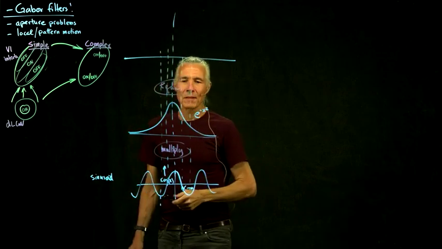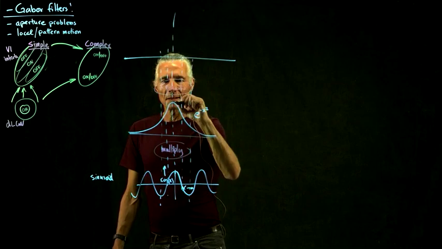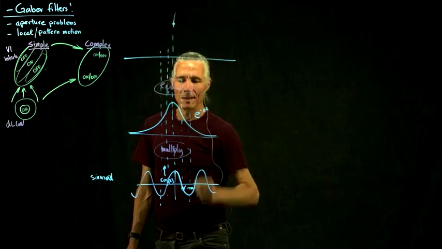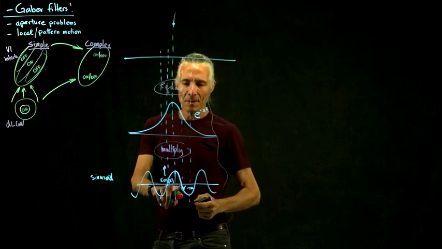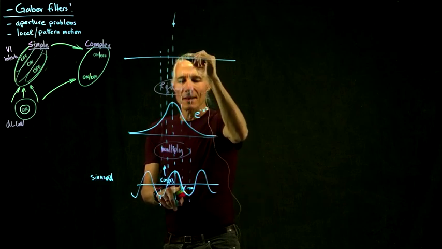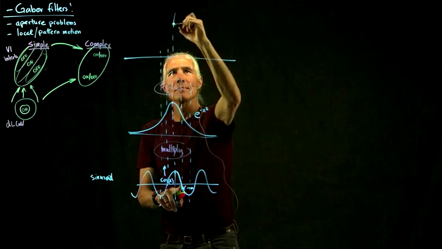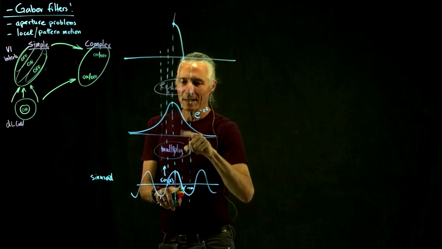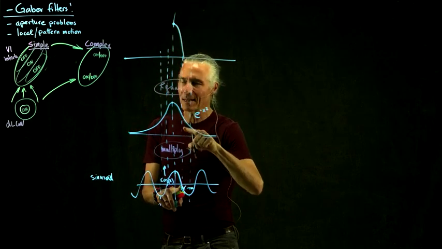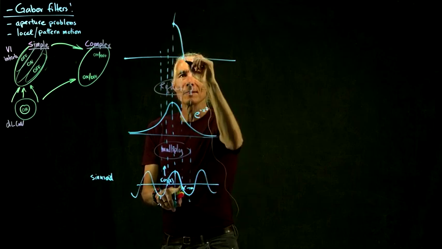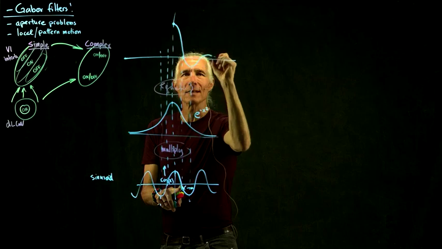Basically, let's start at 0. At 0, we'll have a big number. Then, since we're multiplying by this sinusoid, it goes down to 0 at this point. But we're also multiplying by the Gaussian, and the Gaussian's getting smaller. And so when we reach this negative maximum, it's not as big. And then it looks something like that.